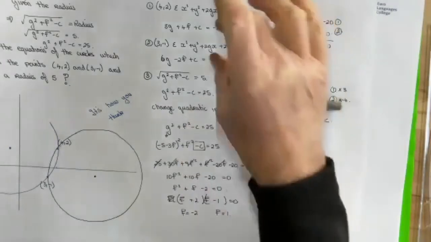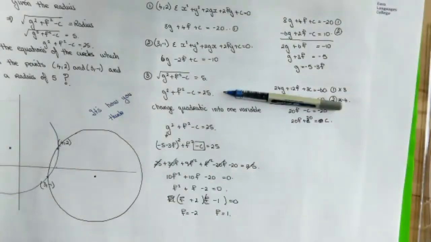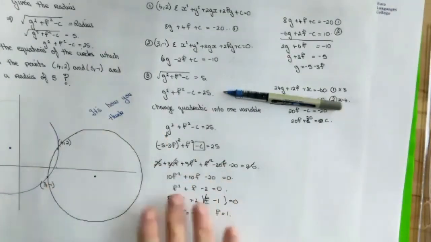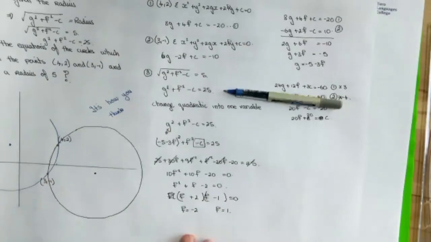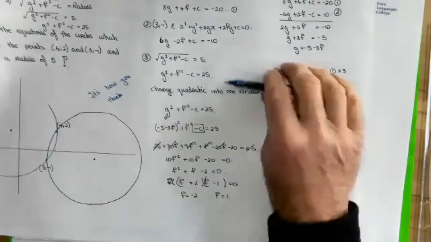So I have to use the other two equations to change it all into one variable. Once I know that that's what I'm trying to do, this maths is pretty straightforward. It's solving a quadratic equation. That's what you're going to have to do.